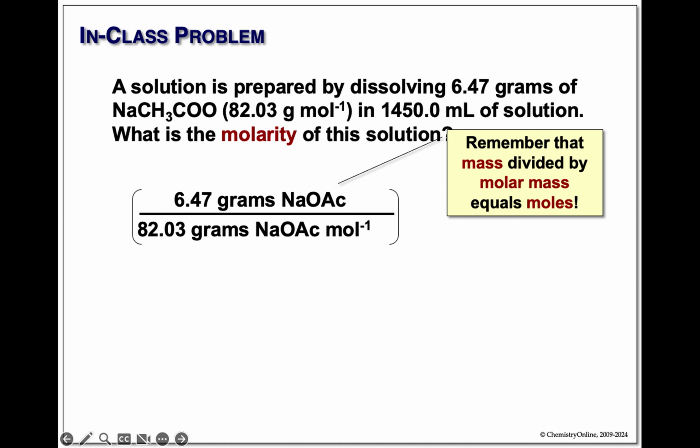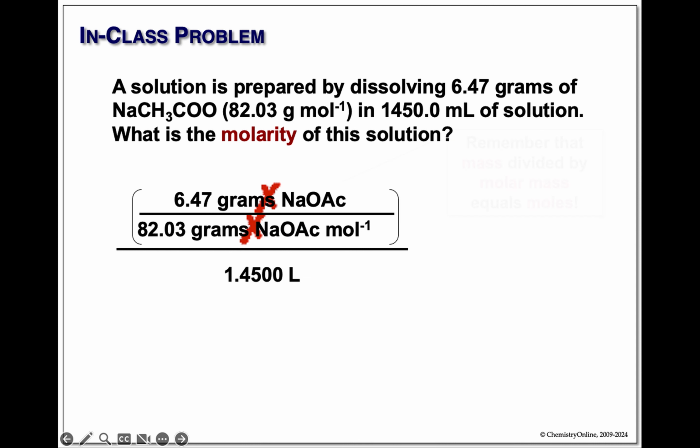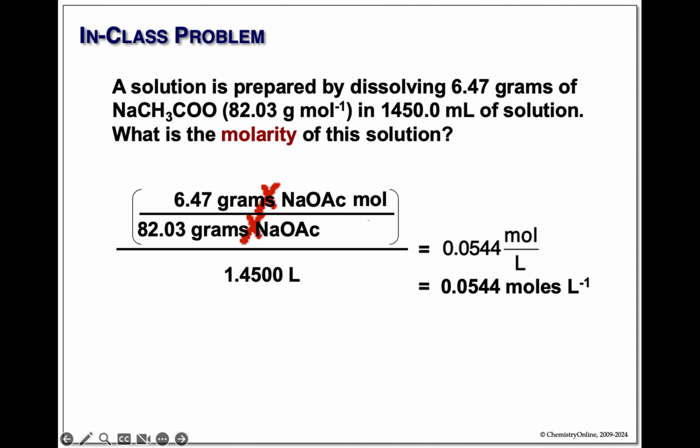Divide this by our 1,450 mL converted to liters, 1.45 liters. Grams will cancel, per mole will come up top, and we're left with 0.0544 moles per liter. On an exam or so, you would see it written out this way with liter to the minus 1, because that's easier to do. Or just use the uppercase M.